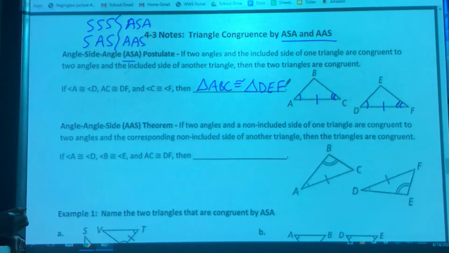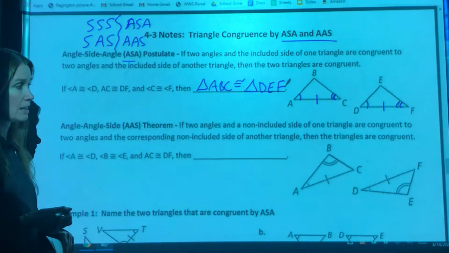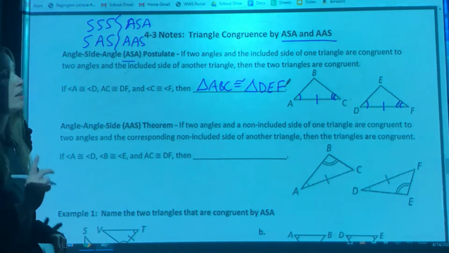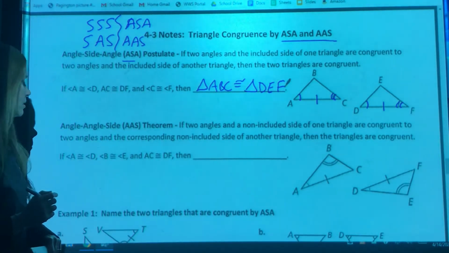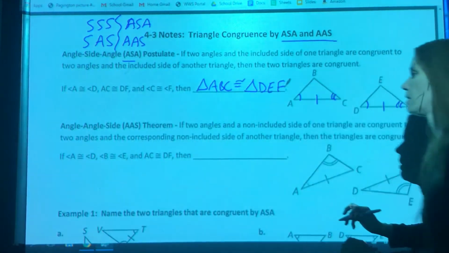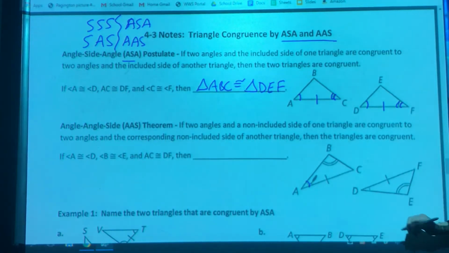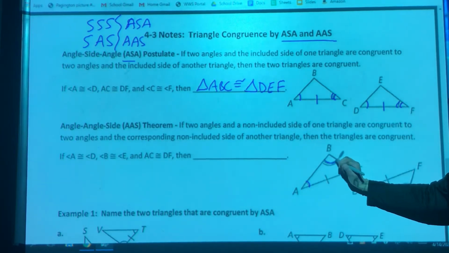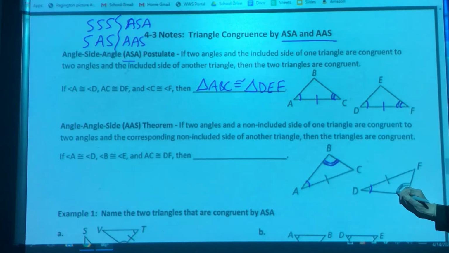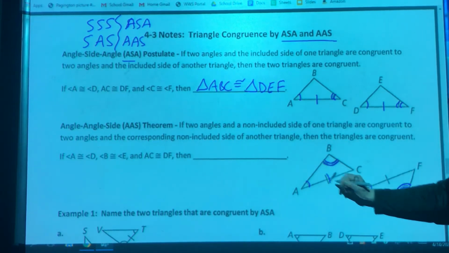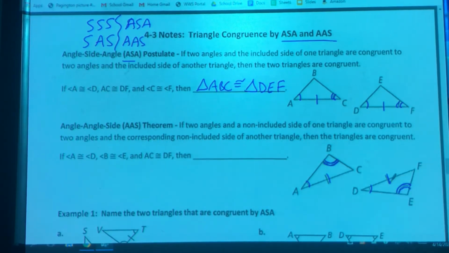Okay? For angle, angle, side, if two angles and a non-included side of one triangle are congruent to two angles and the corresponding non-included side of another triangle, then the triangles are congruent. So over here, we have angle A is congruent to angle D, and we have angle B is congruent to E, and we have AC is congruent to DF.